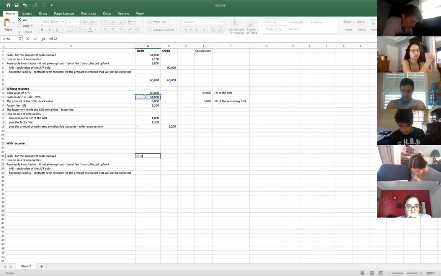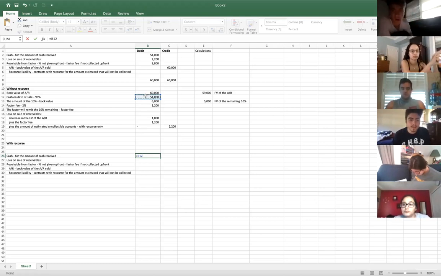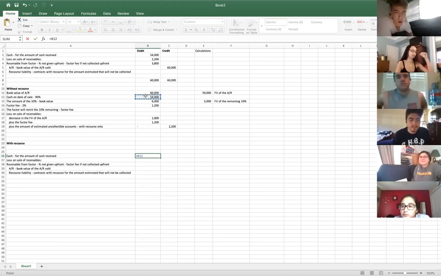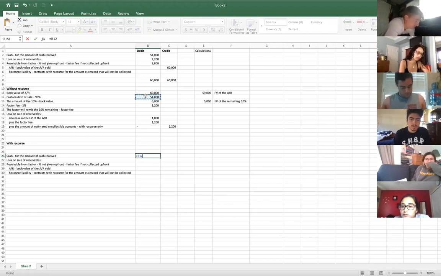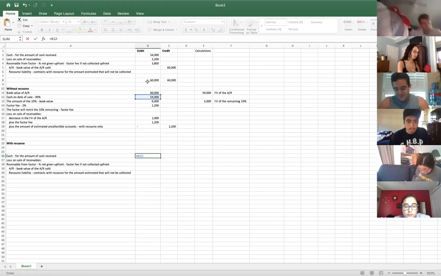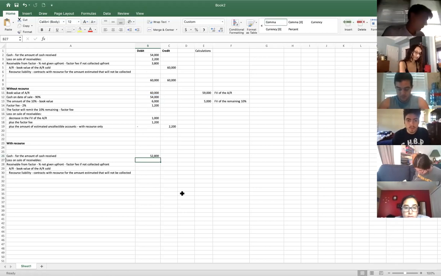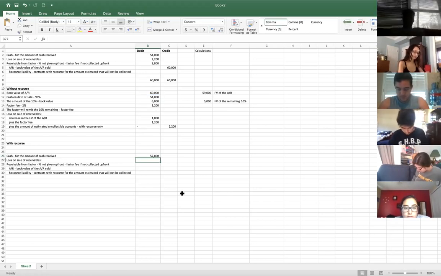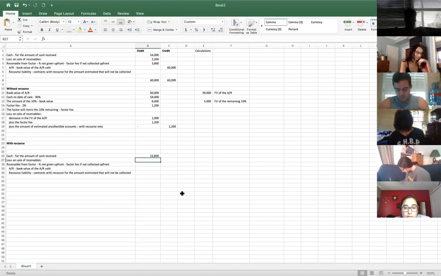But in this contract, they're taking the factor fee out of this cash distribution. You read in the problem the very last sentence that says the bank charges a 2% fee and requires the amount to be paid at the start of the factoring arrangement. So minus the factor fee of $1,200 is the $52,800. So you have to carefully read that contract. Okay? So good.